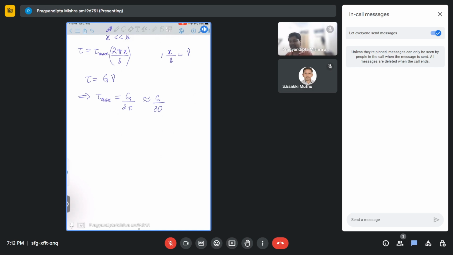If atoms are arranged in a certain way, due to the dislocation, you'll see that the atoms are not exactly arranged perfectly, but you will see some kind of steps being formed. Okay, you will see something like this.